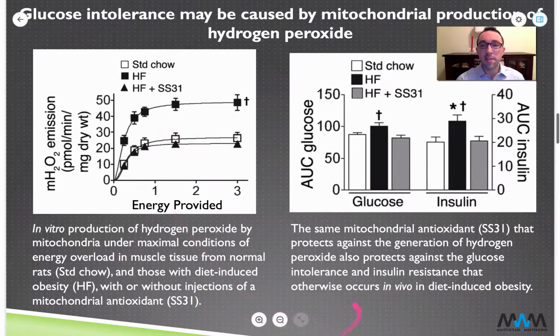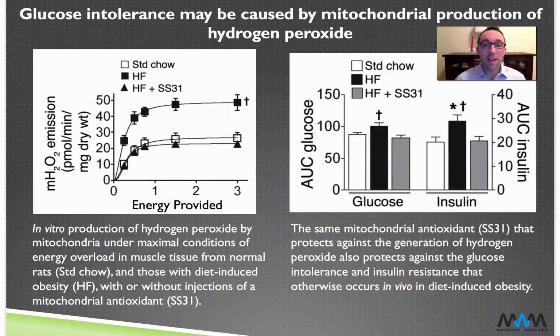Just as an example of some of the experimental evidence around this, this is a study where rodents were treated with an obesogenic diet, which they called a high-fat diet, abbreviated HF in these figures. And they were made obese with this diet, or they were made obese and they were given a synthetic antioxidant that targets itself to the mitochondria and prevents mitochondrial accumulation of hydrogen peroxide.